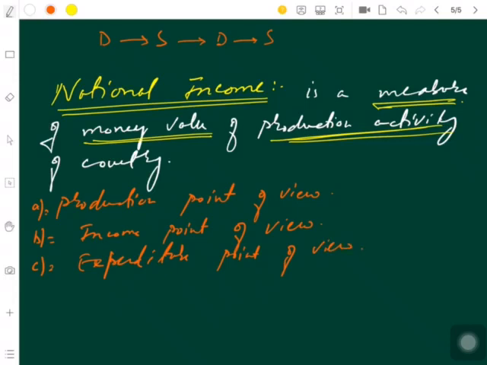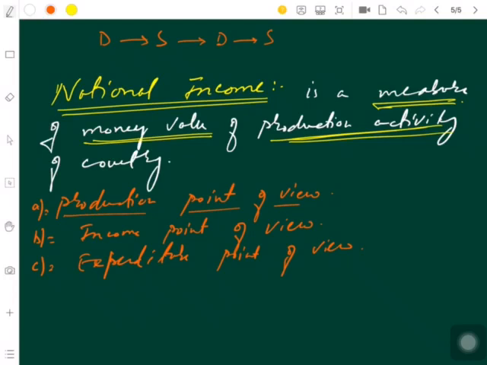When I am defining from the production point of view, I am talking about the goods and services produced. So national income is the sum of money value of net flow of all final goods and services produced by normal residents within and outside the country during a period of account. It's the production point of view.